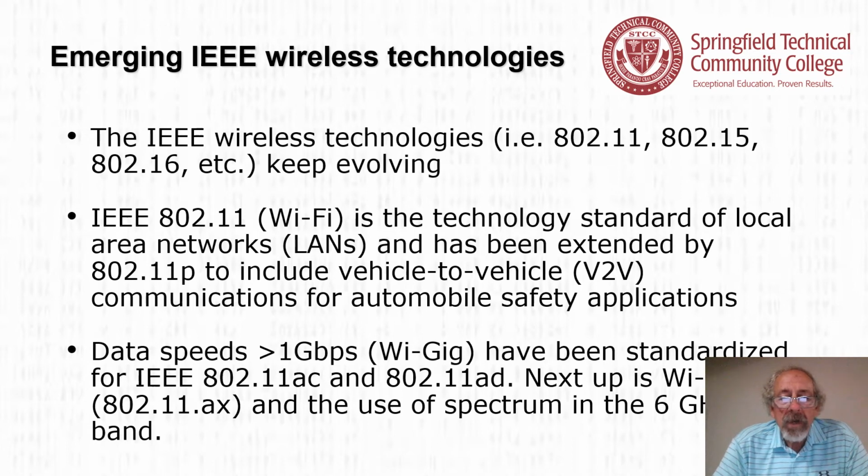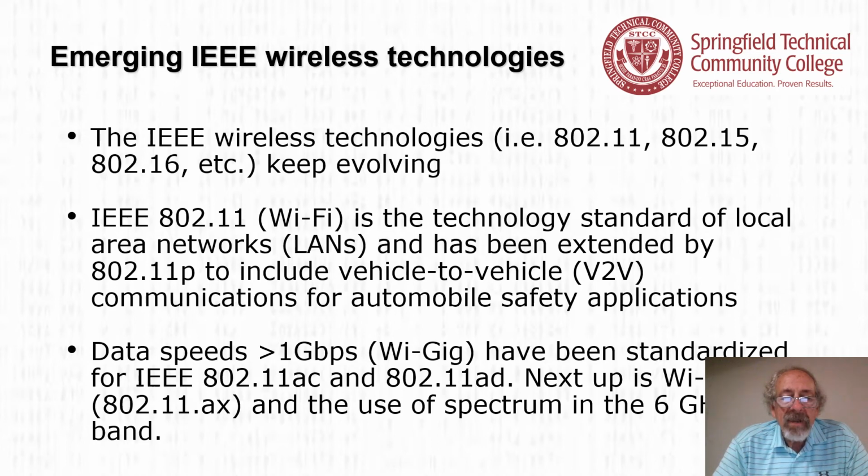Data speeds greater than 1 gigabit per second, WiGig we call it, have been standardized for IEEE 802.11ac and 802.11ad. Next up is Wi-Fi 6.0. We've gone to generations of Wi-Fi now, copying the cellular people.